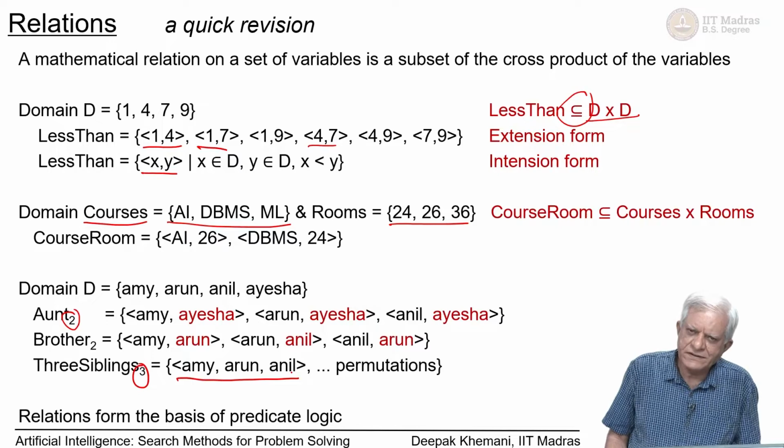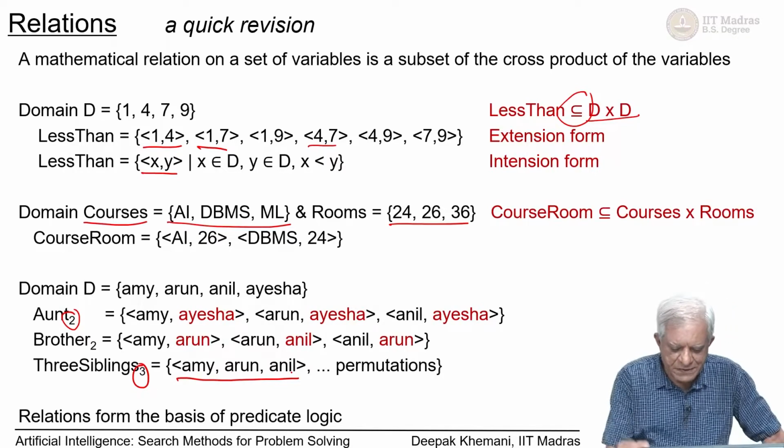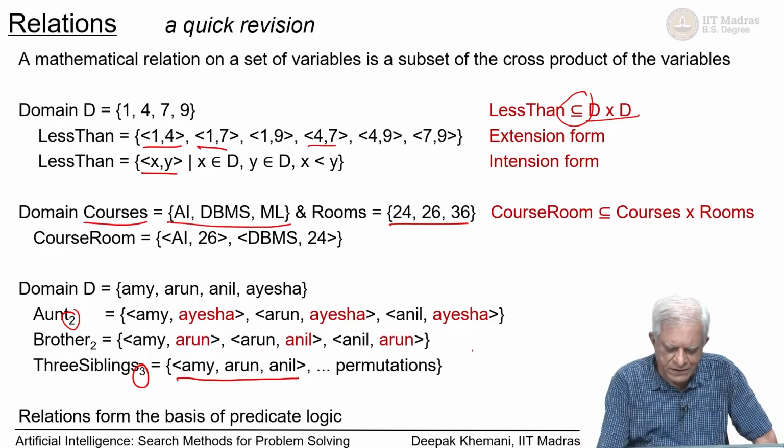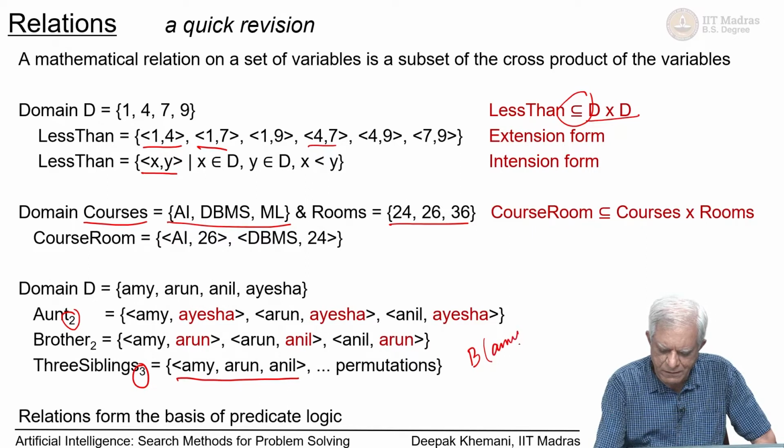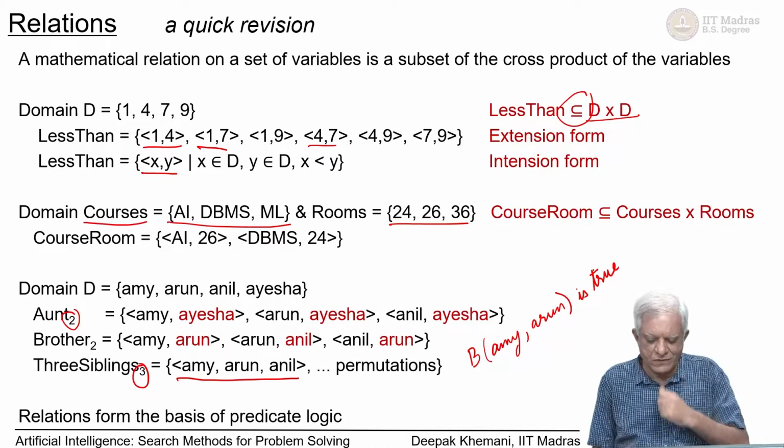Relations, as you would know, form the basis of predicate logic. So, when you say, for example, B for brother, Amy, Arun is true, that is what we mean by a predicate: sentences which are true or false.